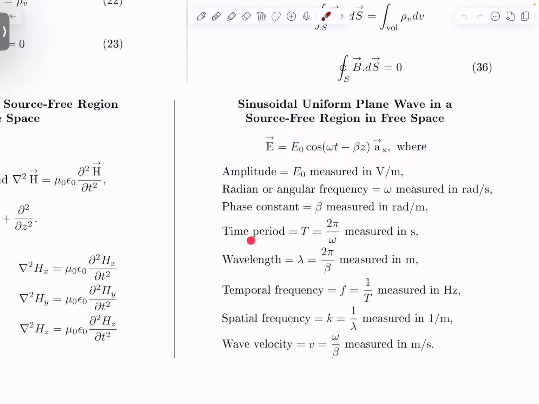And so what we did in free space, this was a week ago, we talked about the wave equation. This was for free space, and we did this in time domain. So we talked about free space where we had a source-free region. Source-free means that the conduction current density is 0, as well as the volume charge density is 0.